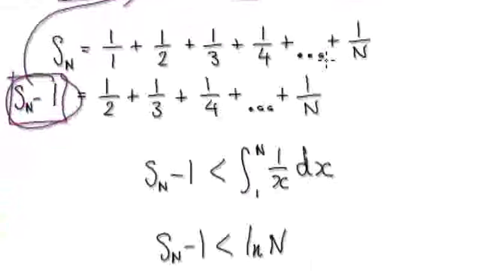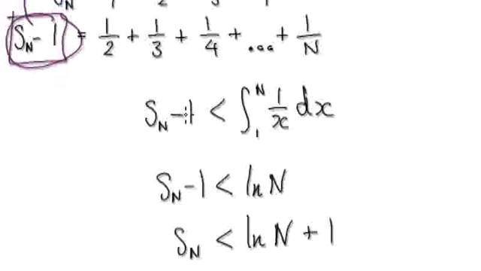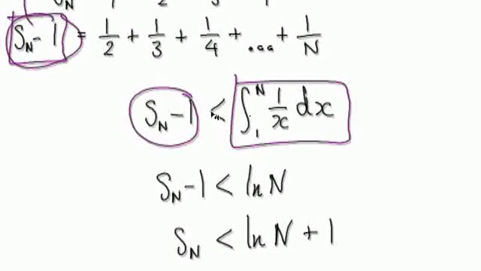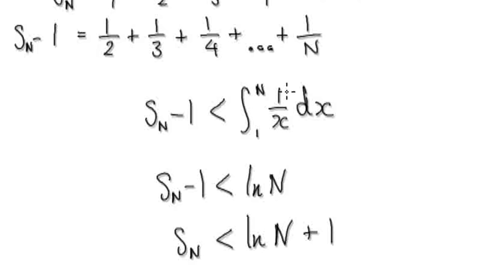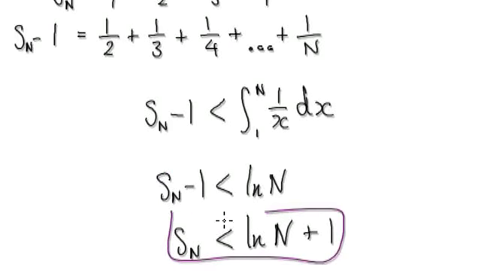So now we've got Sn minus 1 is less than the area underneath the red line. We've done this many times: if you integrate this from 1 to n, it will give you this thing here. So let's add 1 to both sides, and that will give you this.